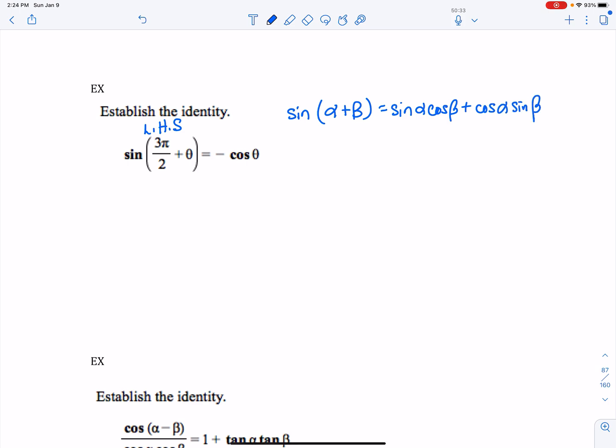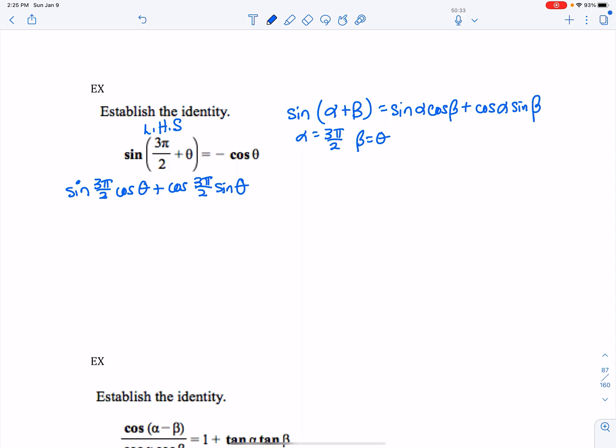So being that said, I can rewrite this by saying that alpha equals 3 pi over 2 and beta equals theta. So the left-hand side looks like this: sine of 3 pi over 2 times cosine of theta plus cosine of 3 pi over 2 times sine theta. And once again, I'm just working on that left-hand side.